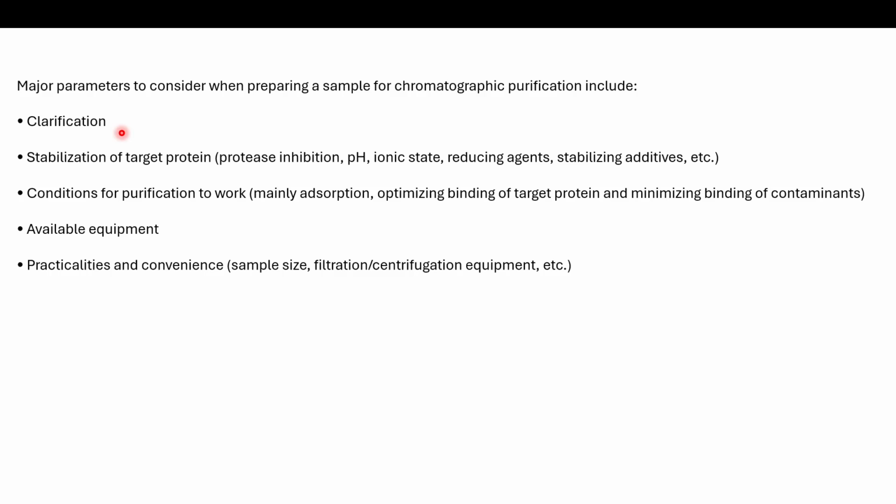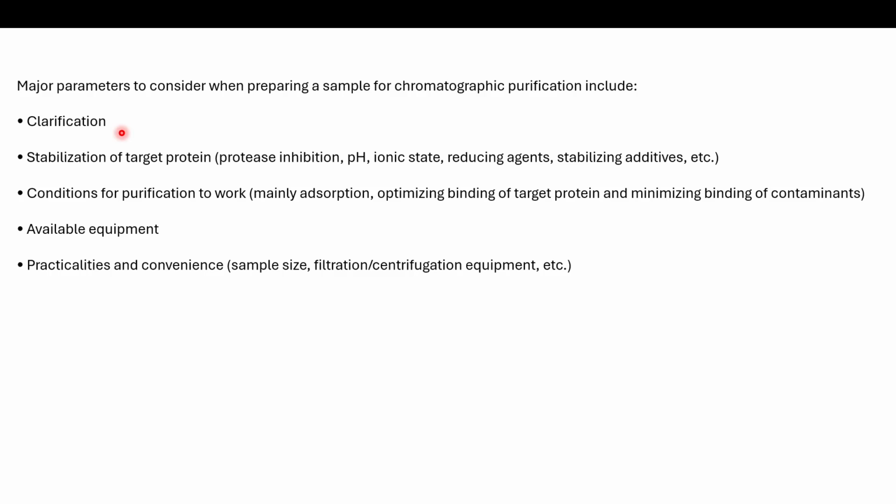Because in a chromatographic matrix, the stationary phase is packed using usually agarose or another polysaccharide matrix, and there is a certain pore size. If you don't clarify your lysate properly, it will clog your pores.